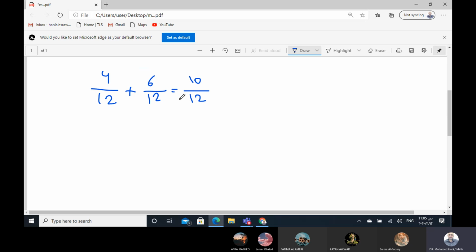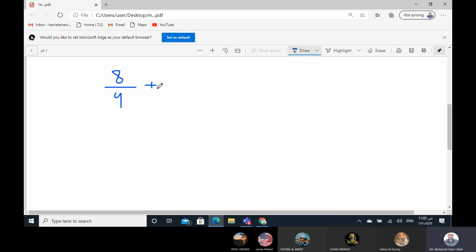Find the GCF between 10 and 12. So you can divide up by 2 and down by 2. 10 divided by 2 will be 5, and 12 divided by 2 will be 6. This is simplified.